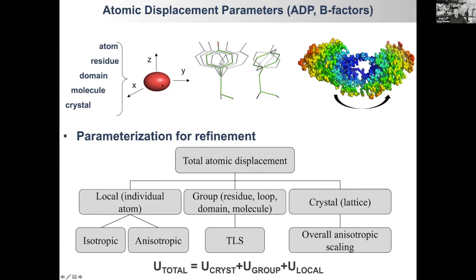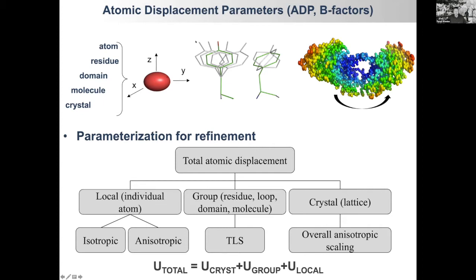And when it comes to modeling, when it comes to parameterization, that means the atomic B factor is basically a superposition of several motions, arising from its own vibration plus some other contributions. In reality, we are not as detailed as I described.